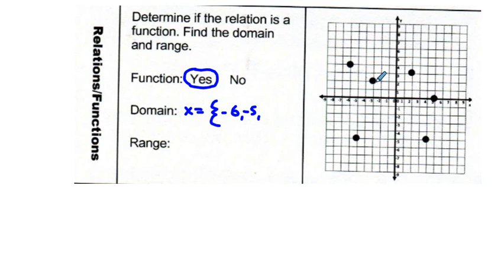Next one to the right is -3. Then the next one after that is 2, then 4, then 5. Then I'm going to bracket this off at the end.